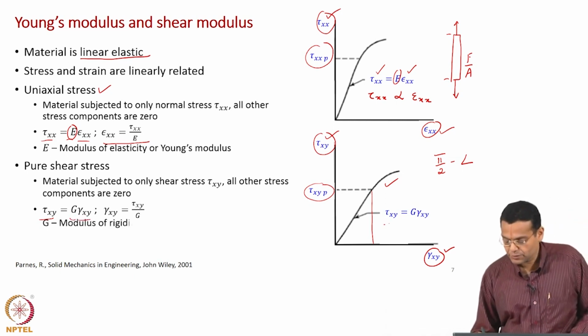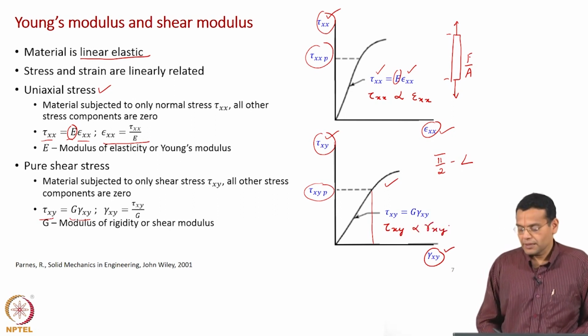So, tau xy is proportional to gamma xy in the linear portion of the curve. The proportionality constant is denoted by G, which is the modulus of rigidity, also called the shear modulus.